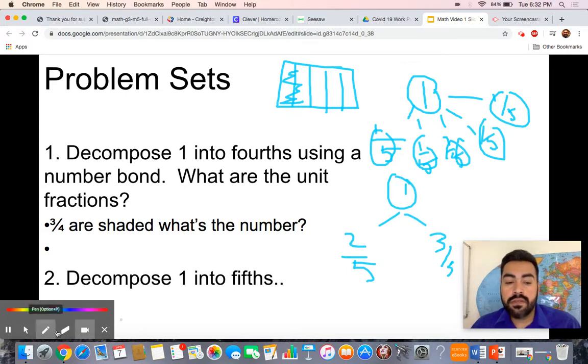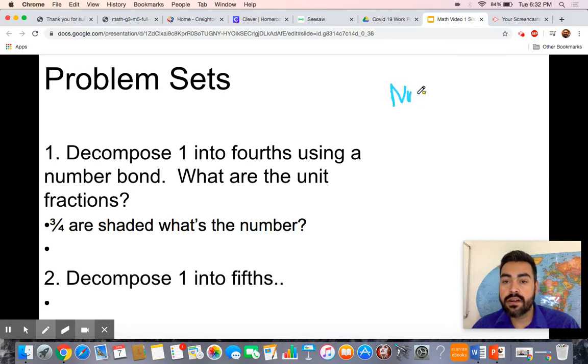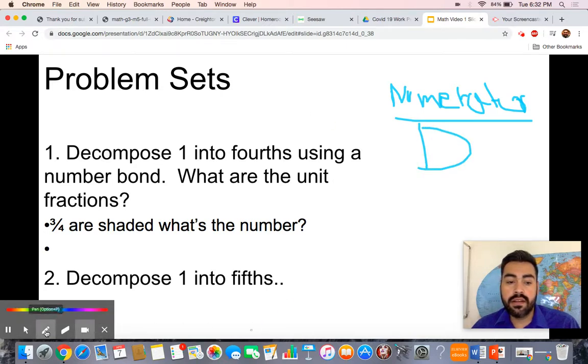Remember, when we're dealing with fractions, we have the top number, which we call the numerator. Look at my beautiful handwriting. And I'm just going to put a D for denominator. Denominator. Big important thing.